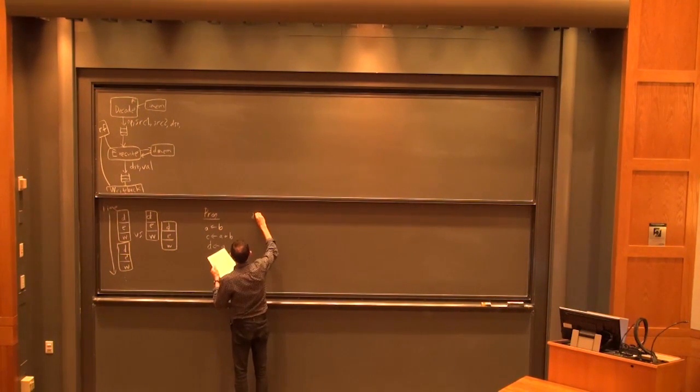The first stage is trying to decode D gets A. The second stage is trying to execute C gets A plus B. And the third stage is trying to write back A gets B.